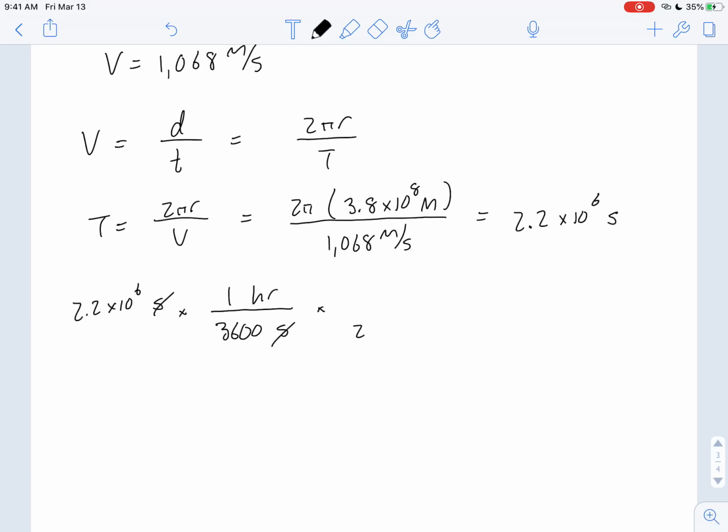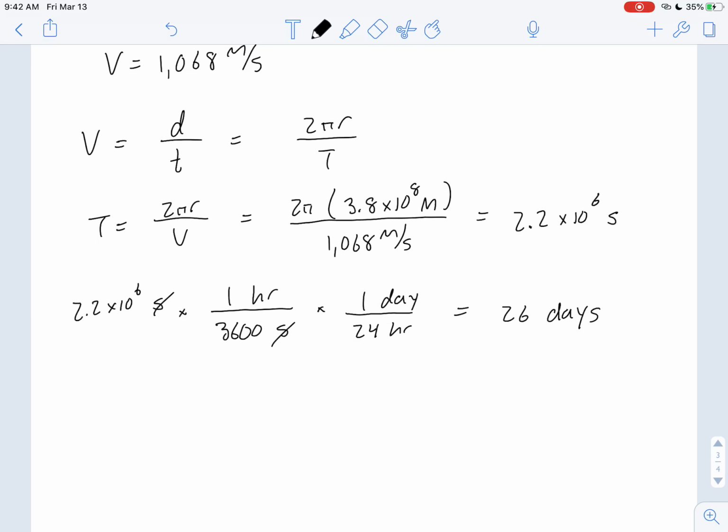And for every 24 hours, that's going to be 1 day. So we're going to take our number that we just found and divide it by 3,600 times 24. If I do that, I'm getting 25.9 days, or we'll just say 26 days. So we were off by just 1 day.